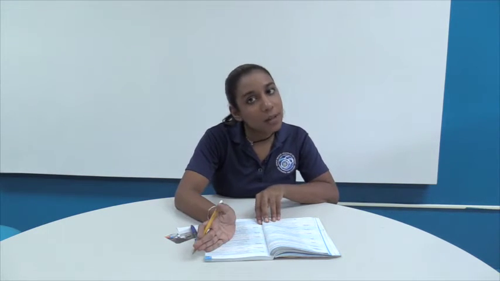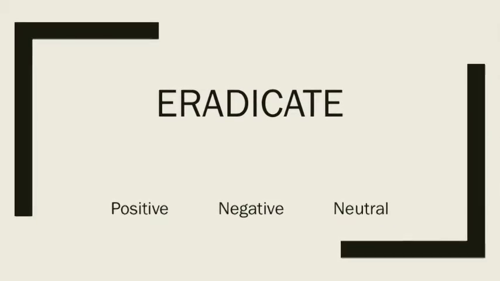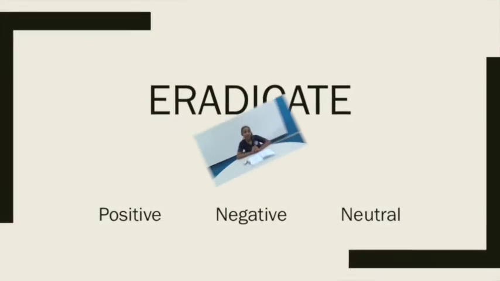The synonyms are uproot or abolish. Antonyms are implant, instill, foster, or promote. So, does this word have a positive, negative, or neutral connotation? Answer now. Got the answer? Let's continue.